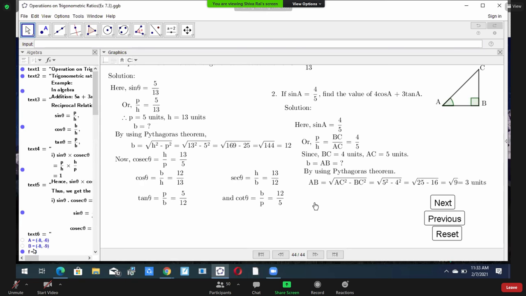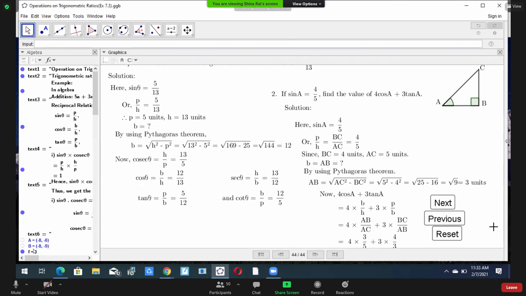AB equal to under root AC square minus BC square. Why? AC means hypotenuse, square of hypotenuse, minus BC means perpendicular, square of perpendicular. So substitute the values, it becomes 5 square minus 4 square. 5 square means 25 and 4 square is 16. So 25 minus 16 is under root 9. Square root of 9 is 3. So 3 units.